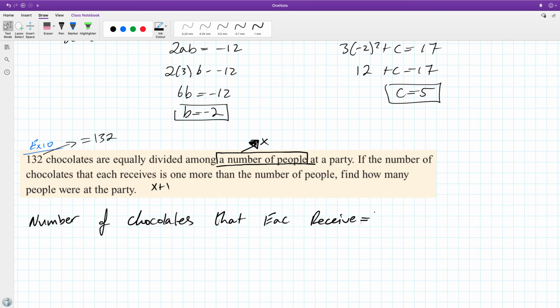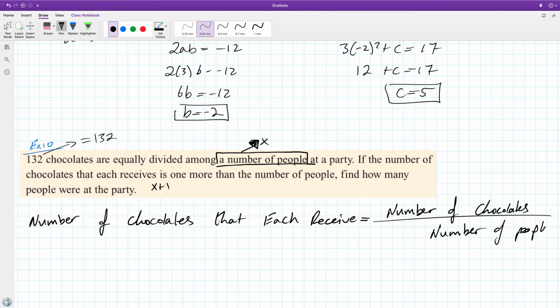So to get the number of chocolates that each would receive, we divide the number of chocolates by the number of people.